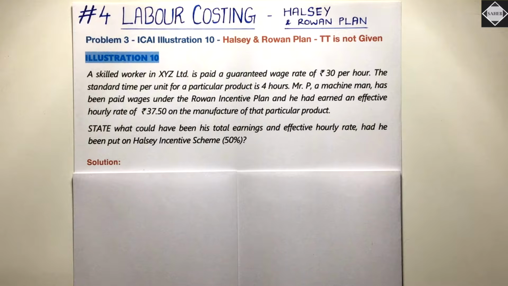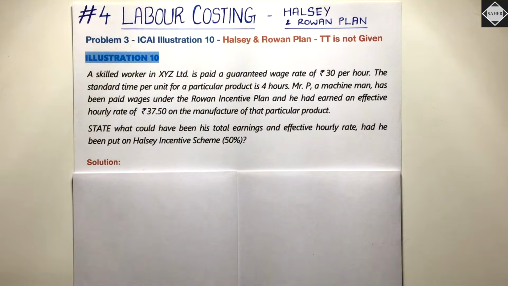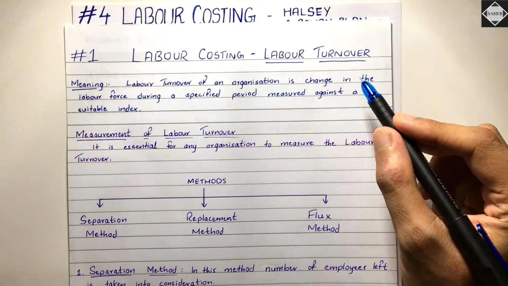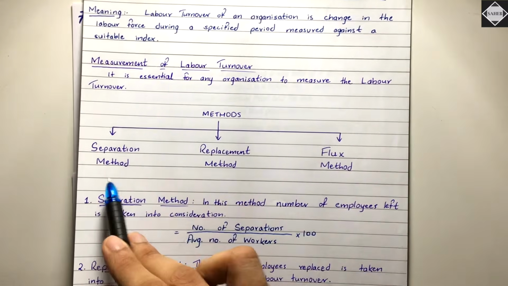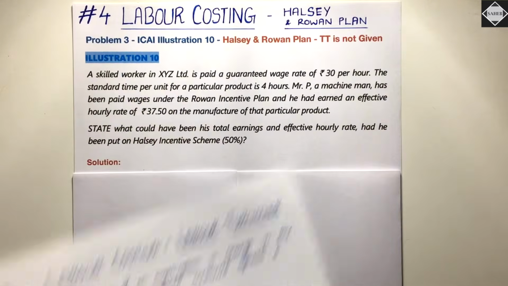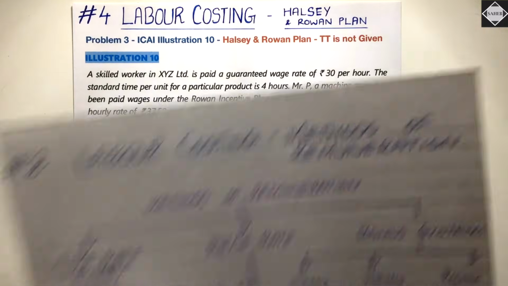But before going ahead with this, let me tell you what we have done so far in the previous three videos. In the first video, we saw the concept of labor turnover. We saw three methods: separation method, replacement method, and flux method, and we solved a problem on that. In the second video, we moved on to the methods of remuneration.